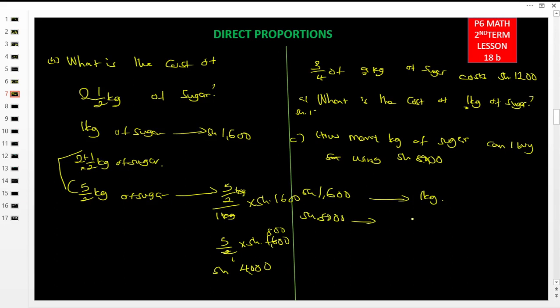We are going to get the inverted L, that is 8,000 shillings over 1,600 shillings by 1 kilogram. So zeros with this one. By 8 we are taking 2, then by 8 here we are taking a 10, by 2 1, by 2 a 5. So 5 times 1 kilogram, so the quantity is 5 kilograms.